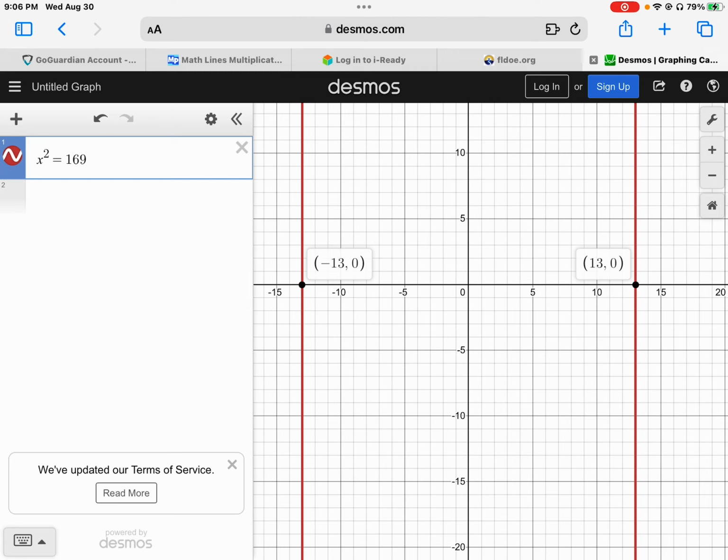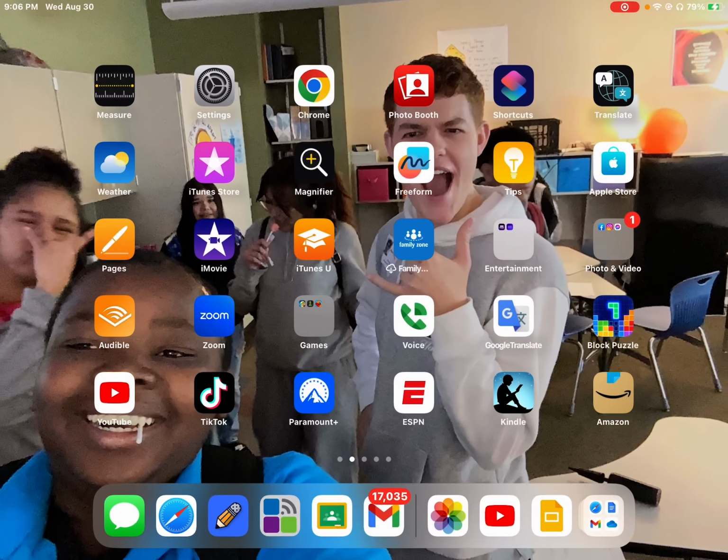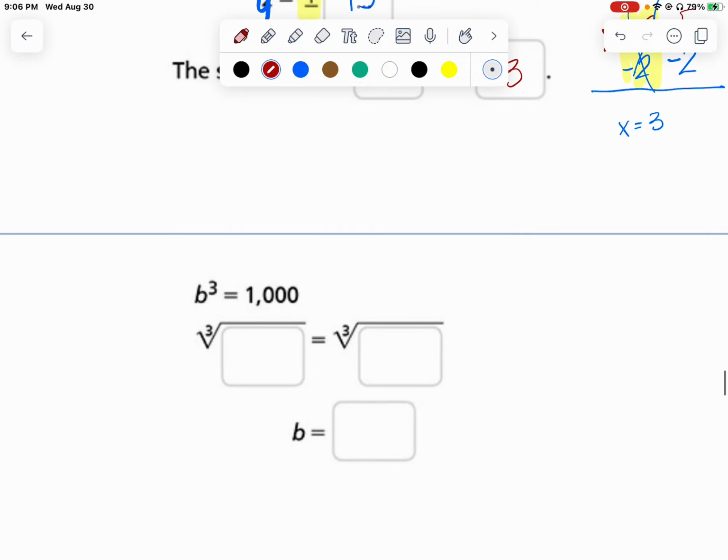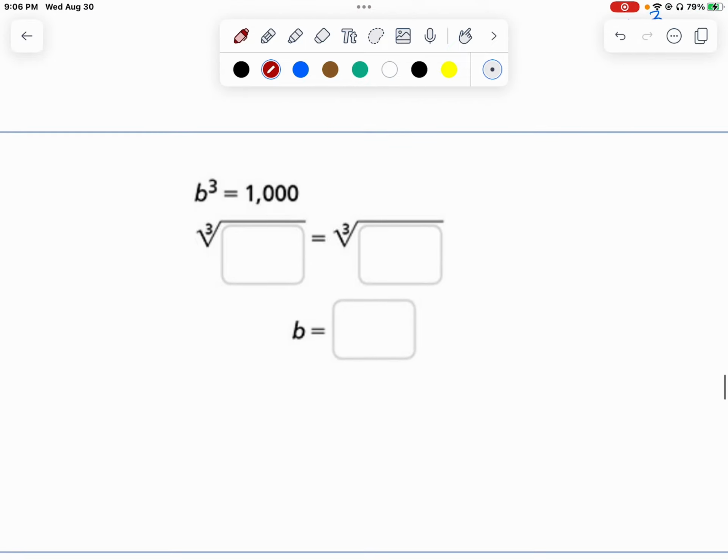This is the graph for the equation we just solved. Everything we're solving this year is going to have solutions where they are crossing the x-axis. That is what a solution is. Now this time, the inverse that we're learning is the squared.